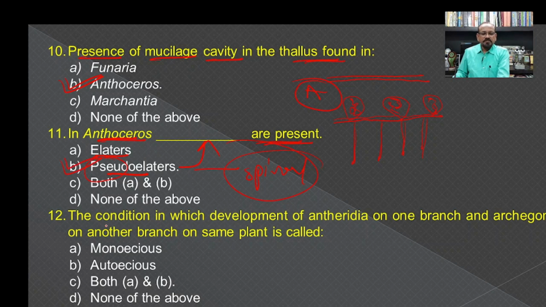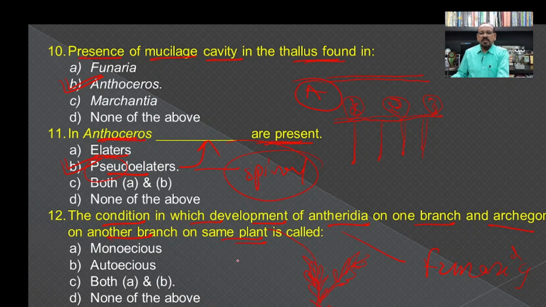The condition in which there is development of antheridia on one branch and archegonia on another branch on the same plant. Such a condition is very common in Funaria. In Funaria, usually there is development of antheridia on one branch and archegonia on another branch.